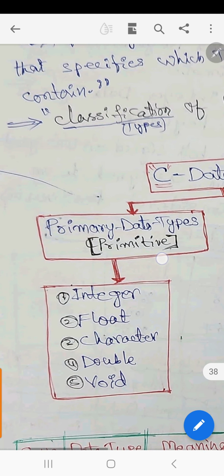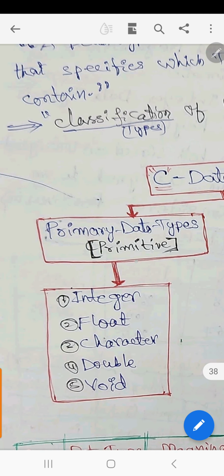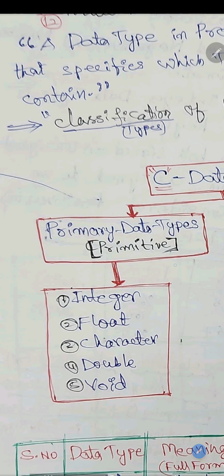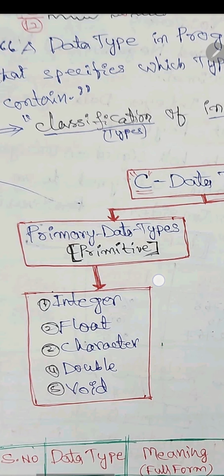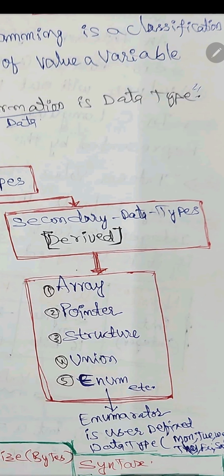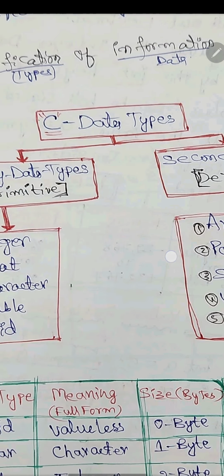C data types are primitive data types. Primitive means, here I am showing with the cursor, the old-style data types, and here we have secondary data types, that is, derived data types.